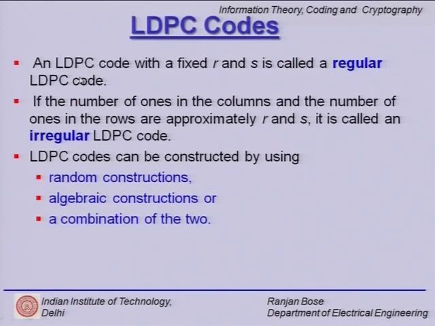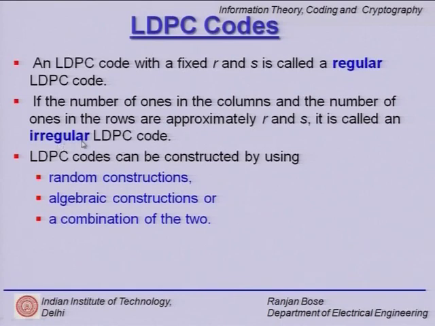Some more definitions: an LDPC code with fixed R and S is called a regular LDPC code. So, in the example that we looked at just now, R was fixed at 2 and S was fixed at 4. So, it was a regular LDPC code. But if the number of ones in the columns and the number of ones in the rows are approximately R and S, so we do not restrict it that it necessarily has to be 2, it can be between 2 and 3 and S can be between 4 and 6, we can put those constraints, and then it is called an irregular LDPC code.